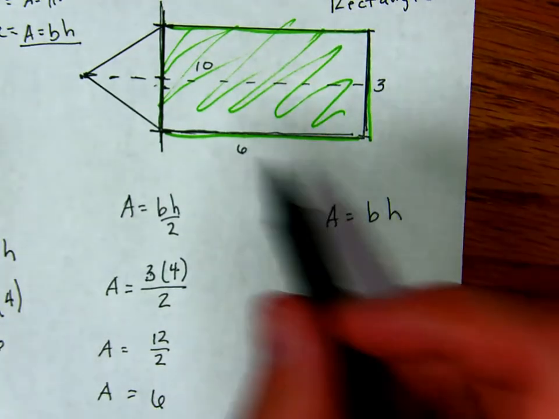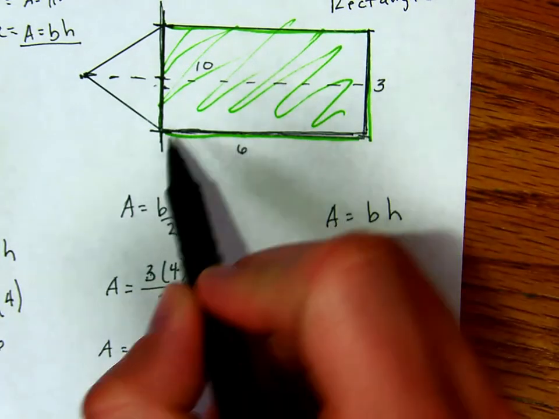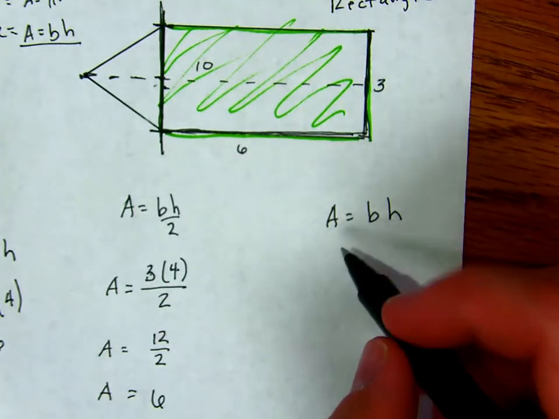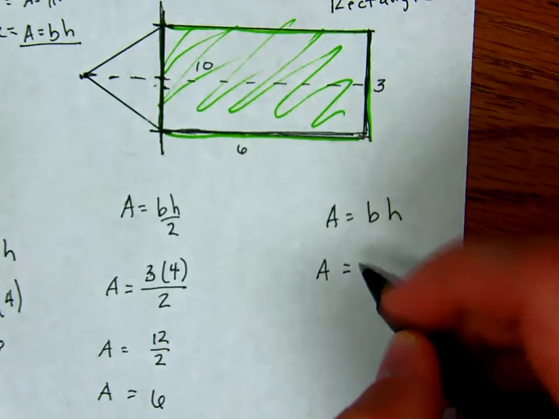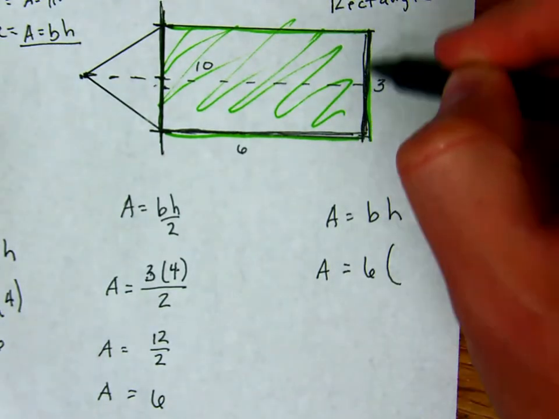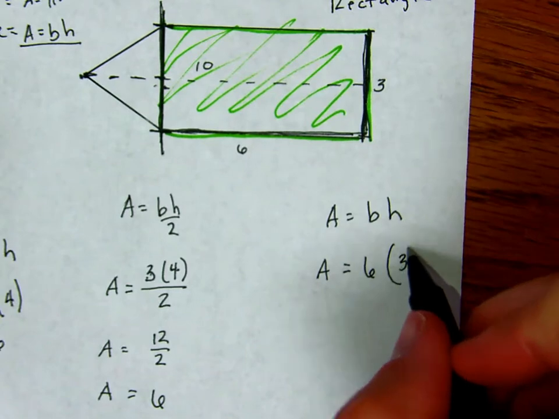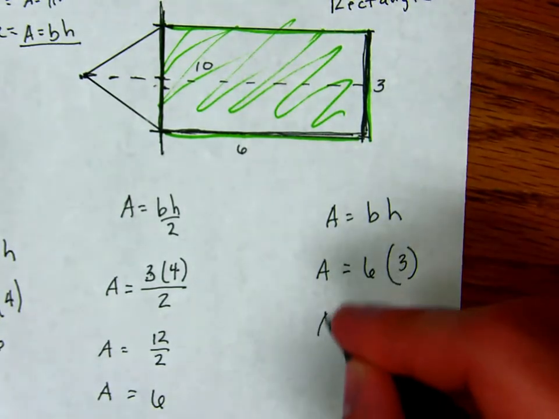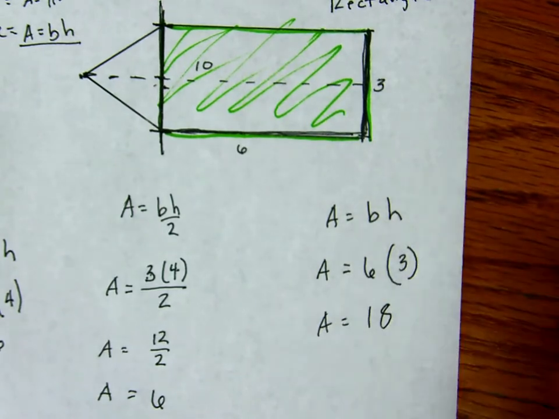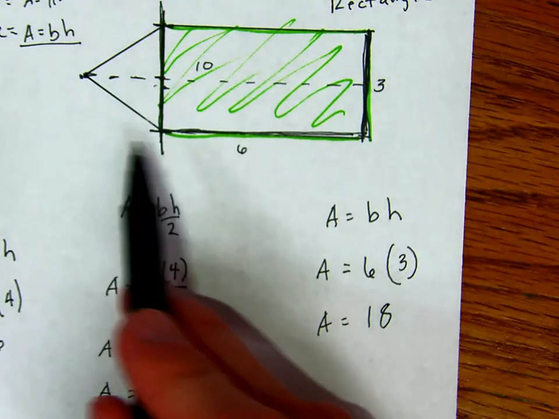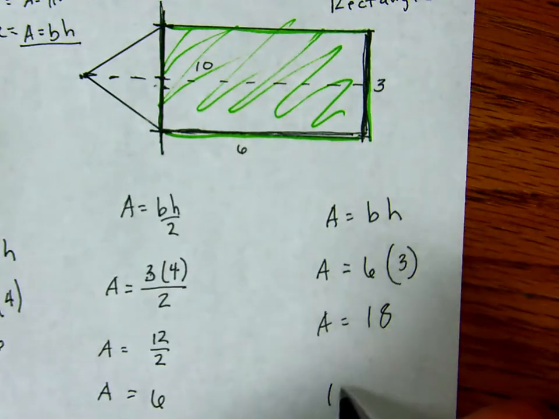Our base is just from here to here, which is 6. So area, our base is 6. The height, from top to bottom, we get 3. 6 times 3, our area gets us 18. And because it's a composite figure, we're going to add these two together. So 18 plus 6 gets us 24.